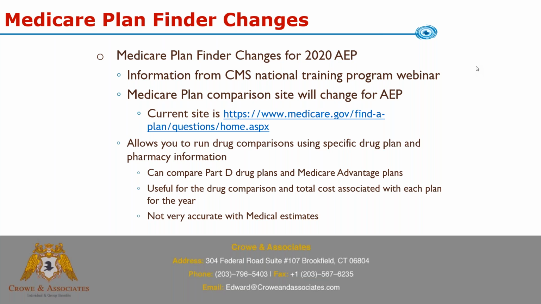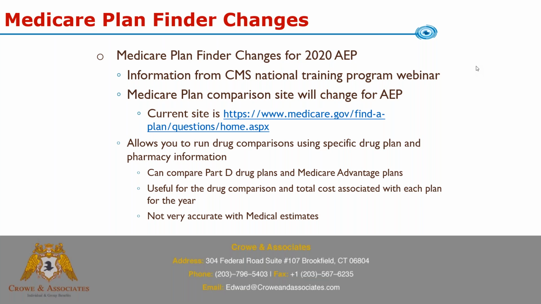So the information we're going to talk about today is from the CMS National Training Program webinar. That webinar more or less went over the changes that are going to be happening to the CMS Plan Finder site for AEP. Now the current site, just so we're talking about the same thing, is Medicare.gov/find-a-plan/questions/home.